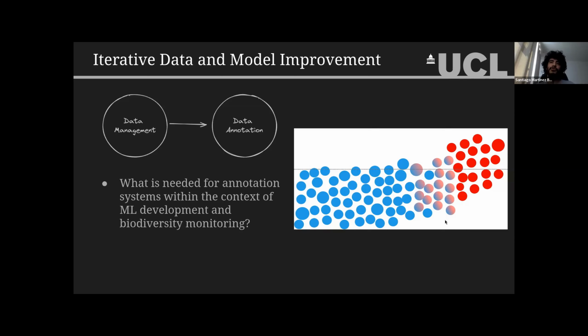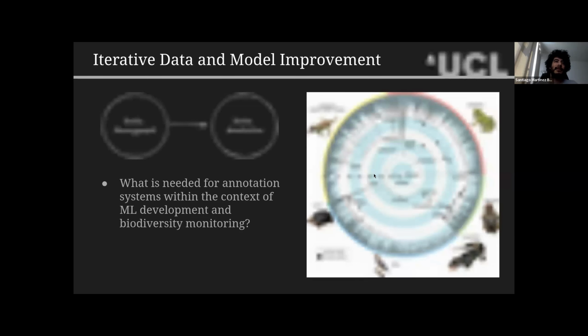There is a distribution shift of data, for example, driven by things such as climate change or human-induced changes in the environment. So if we expect data to change, in this annotation process there must be some continual renovation of annotation in order to follow the trend of the data.